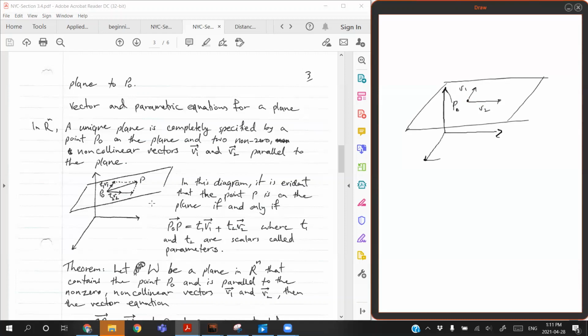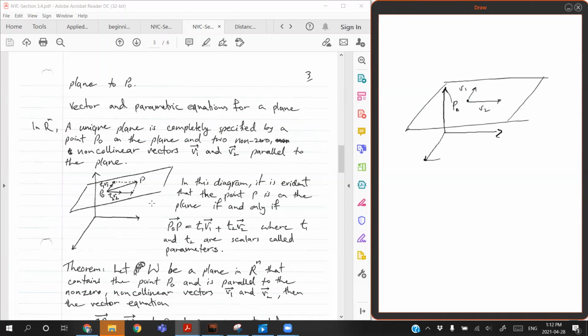Notice that both vectors are needed, because if you have only one vector, you can think of infinitely many planes that pass through this point and are parallel to the vector v1. You can just rotate the plane around v1, and all those planes satisfy this condition.